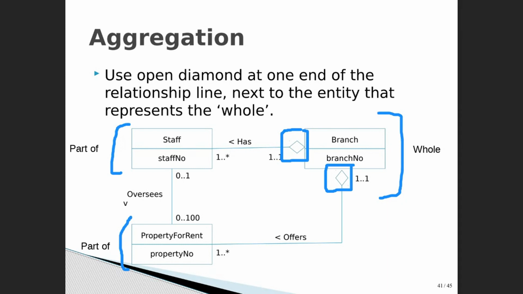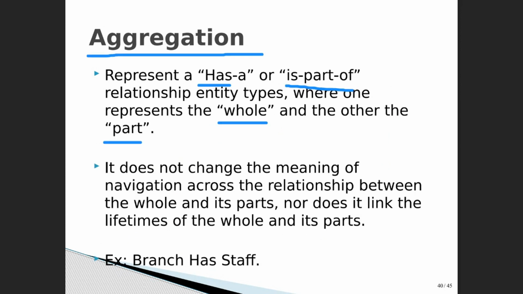So this is the meaning of aggregation. Aggregation is a process representing the whole entity type along with all its part entities.